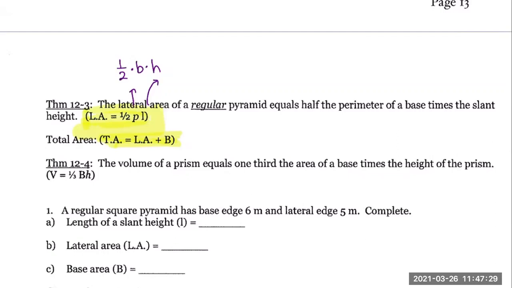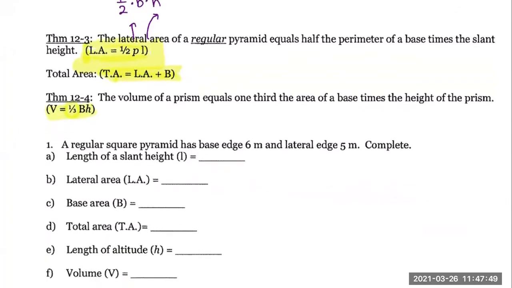Does anyone remember doing that in middle school? What you should have seen with that experiment was that the pyramid held exactly a third of the prism. So that's where this 1/3 comes from. Basically, the formula is a third base times height.